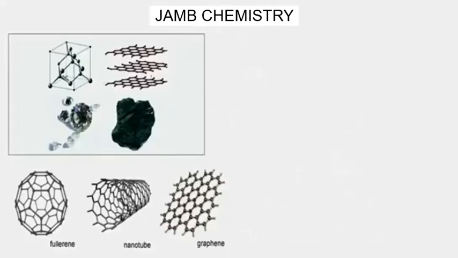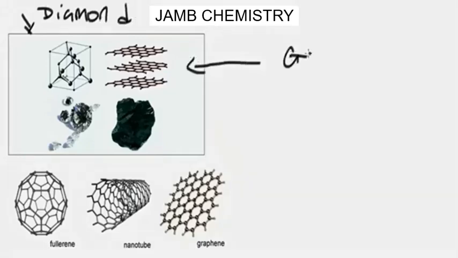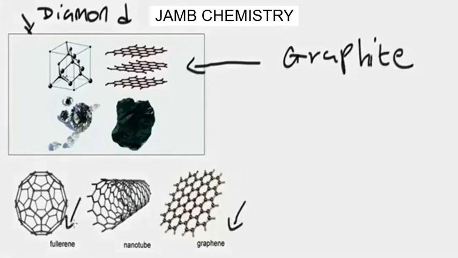Okay guys, so these are the respective diagrams. This one here is our diamond, this one here is our graphite, and this is our graphene and this is our fullerene.